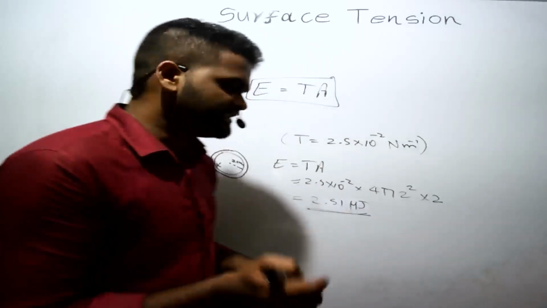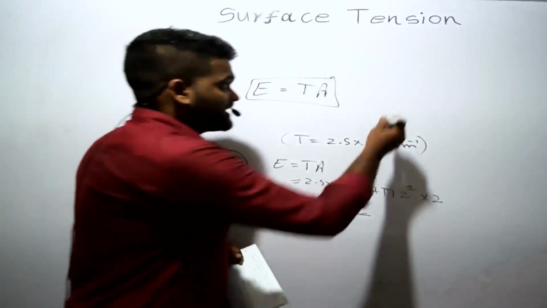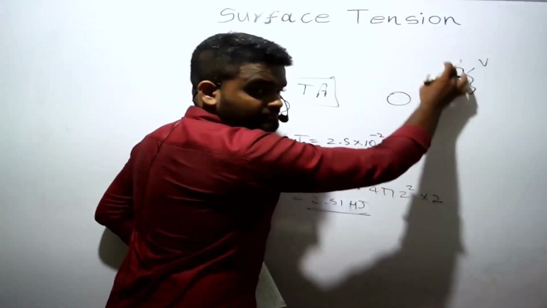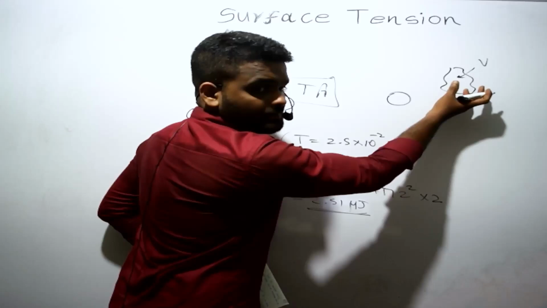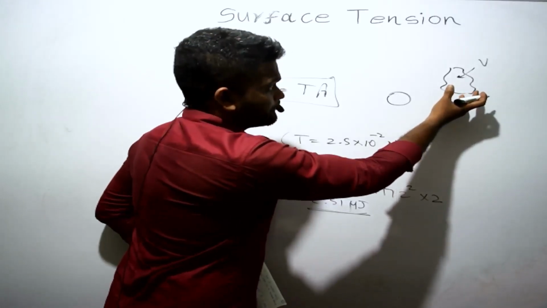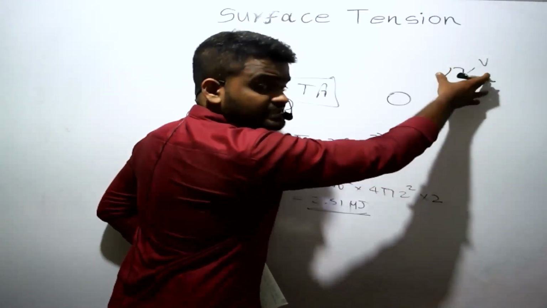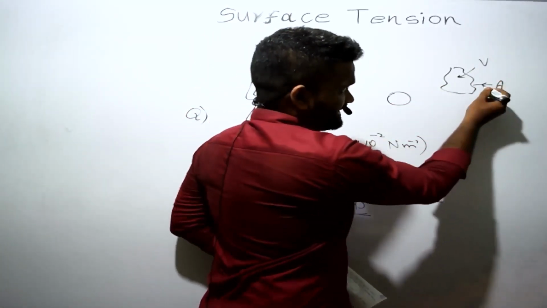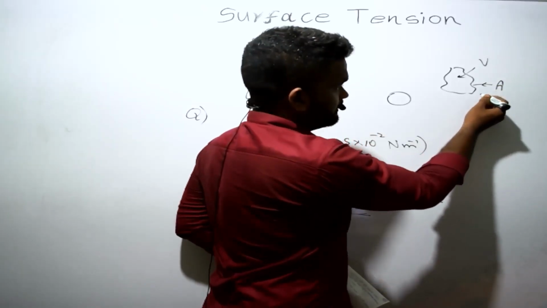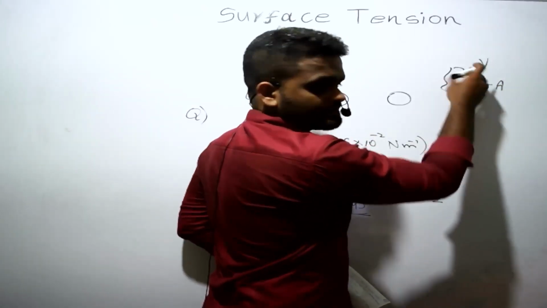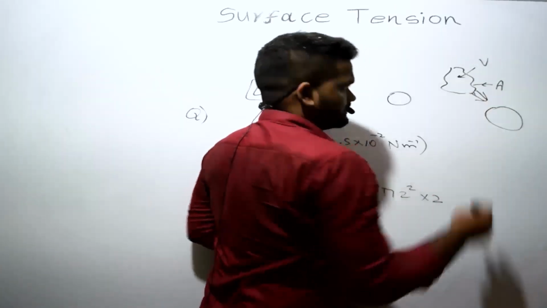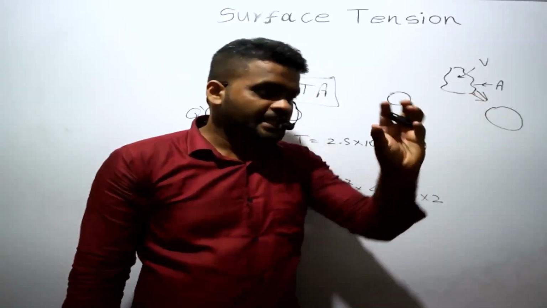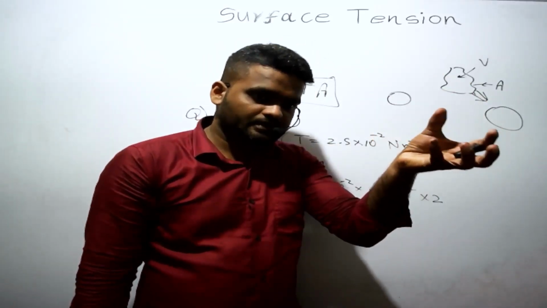Because when you consider any volume, let's say there's some water mass like this, but this has a larger surface area. If you try to decrease the surface area, what could be the shape of this? The shape must be a sphere. So a sphere has the minimum surface area, right?